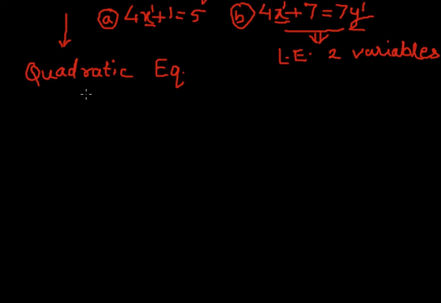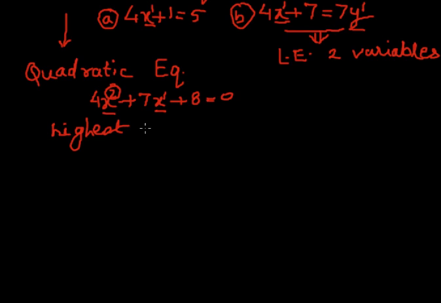Highest power of variable means if in an equation the variable contains highest 2 power, in this equation the variable is x, and this is x to the power 1 and this is x to the power 2. The highest power of variable is this 2. So if in an equation the highest power of variable is 2, it is called quadratic equation.